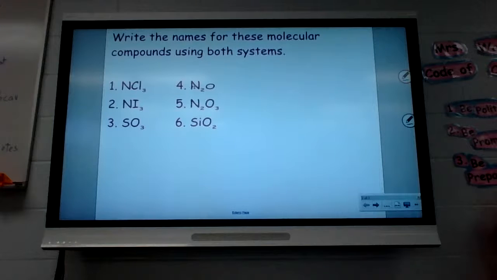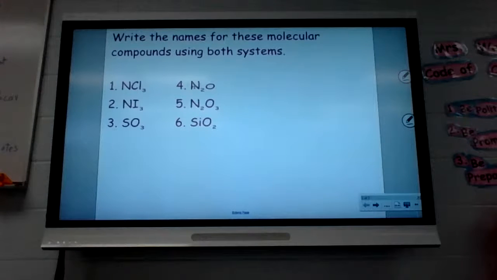All right, so number 1, let's do old system since most of you probably did old system. What would number 1 be in old system? Nitrogen trichloride. Number 2, nitrogen triiodide. Would you put 2 I's or just 1?